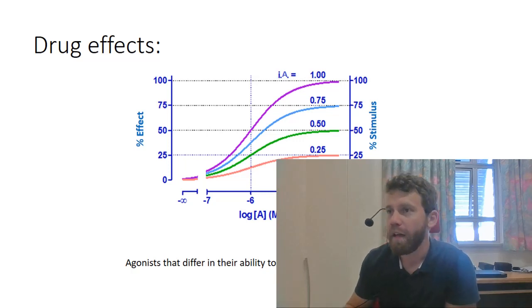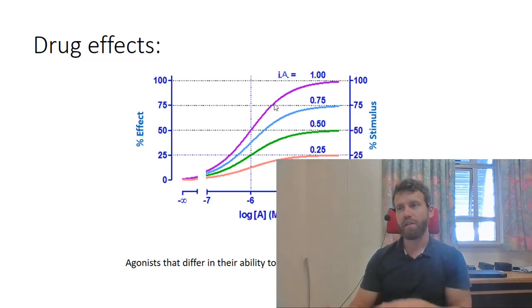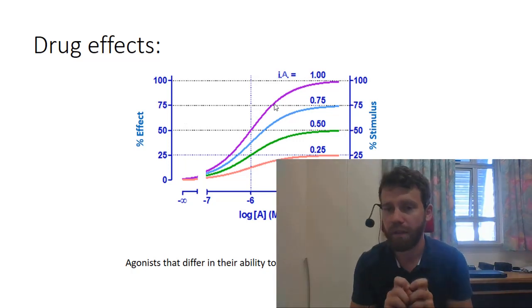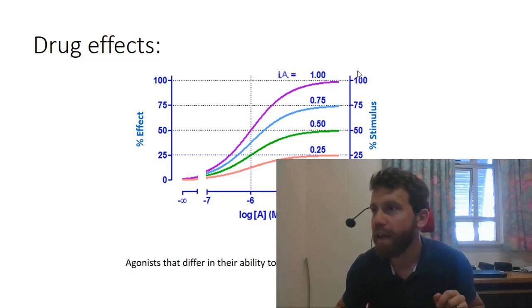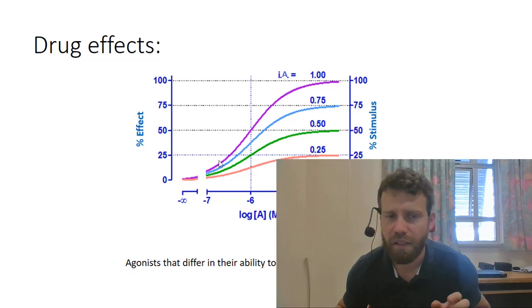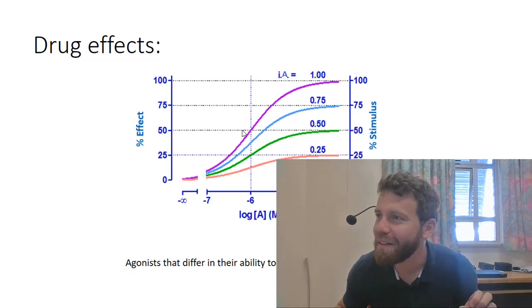We measure this with these effect concentration curves. After all the pharmacokinetics, a drug is distributed to certain sites. At that site, if we have a full agonist, something that activates a process, it will give you 100% effect at this concentration.